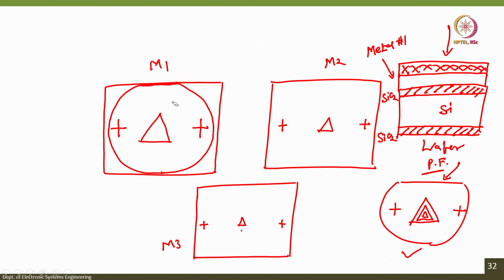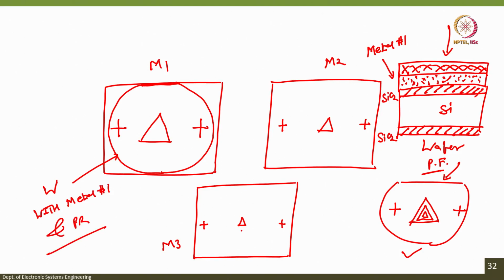So, now what you see is that you have a metal, let us represent the metal by dots, over which you have a photoresist. So, there is a wafer with metal 1 and photoresist.